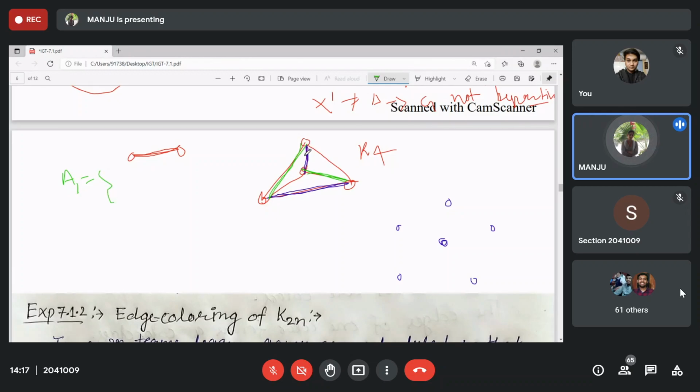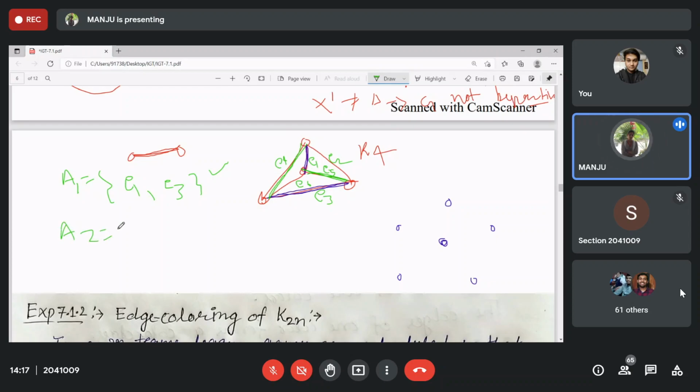This edge is E1, E2 is not there, E3, E4, E5, E6. So E1 is there, E3 is there, right? These are independent edges, so this forms the color class.